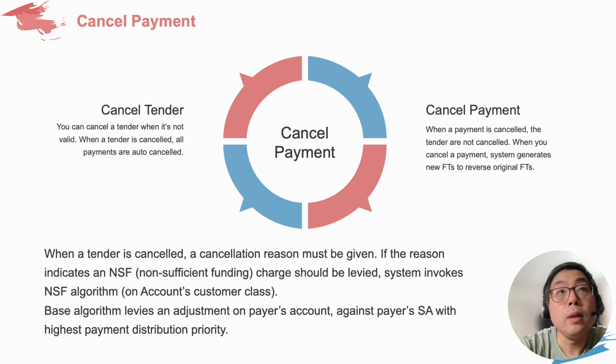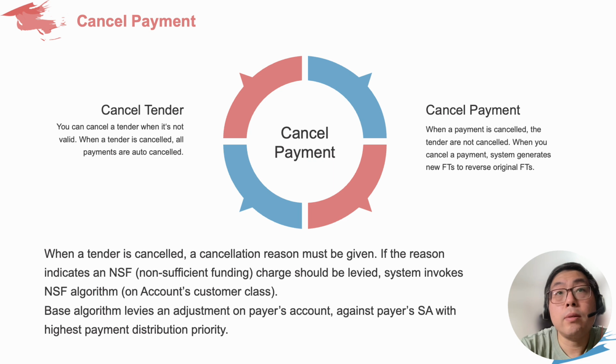When a tender is canceled, a cancellation reason must be given. If the reason indicates non-sufficient funding, a charge should be levied. The system invokes the NSF algorithm, which is defined on the account's customer class.